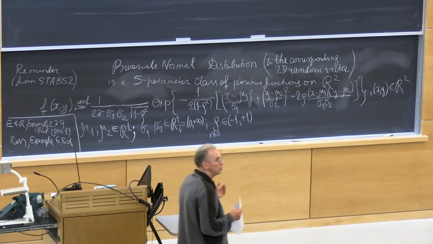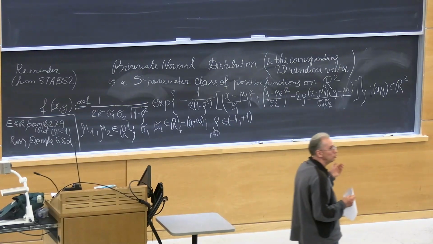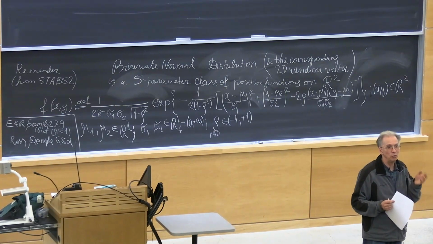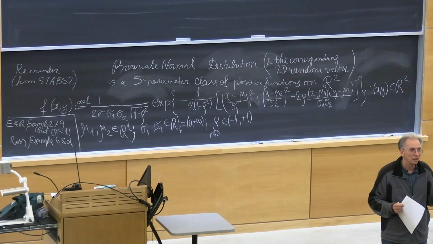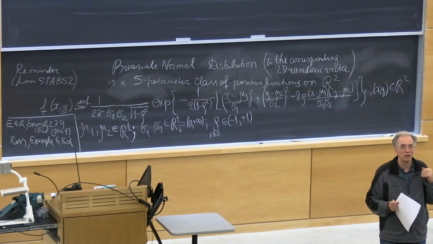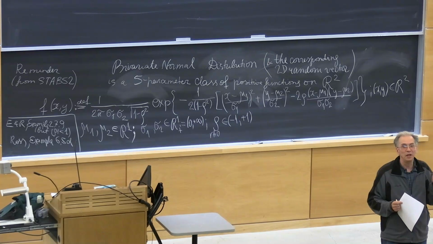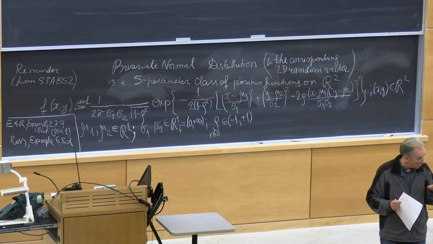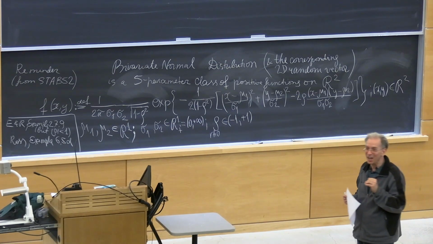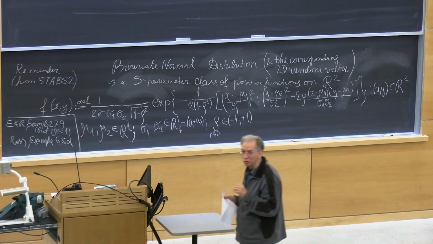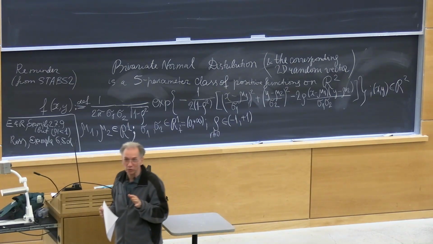But first of all, a point I want to make is that when you see mu1 and sigma 1, you immediately think these are the mean and variance. Okay? That's going to be true, but do not speed up, please, because it's to be proved.